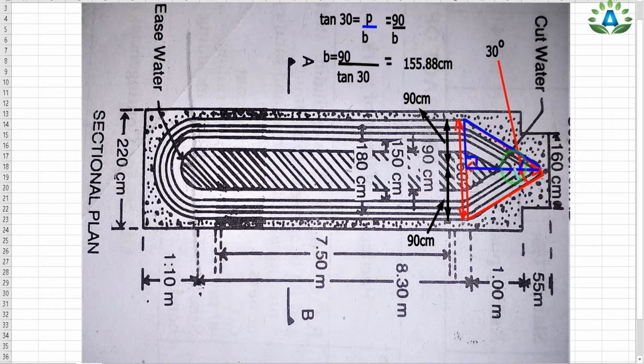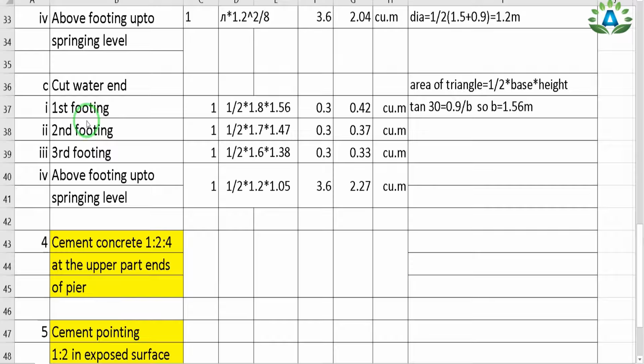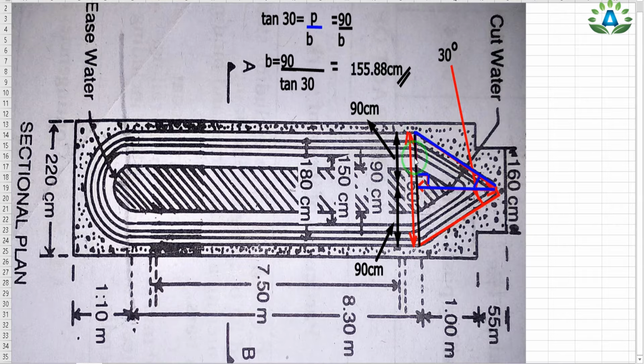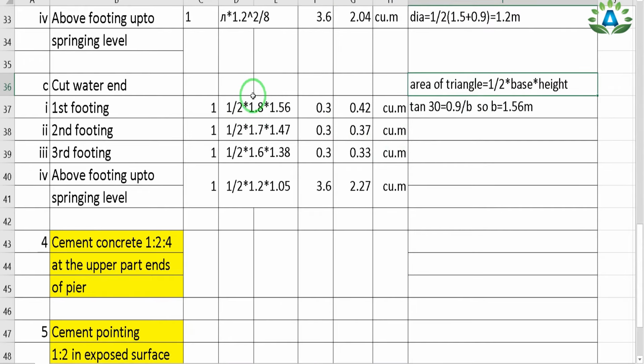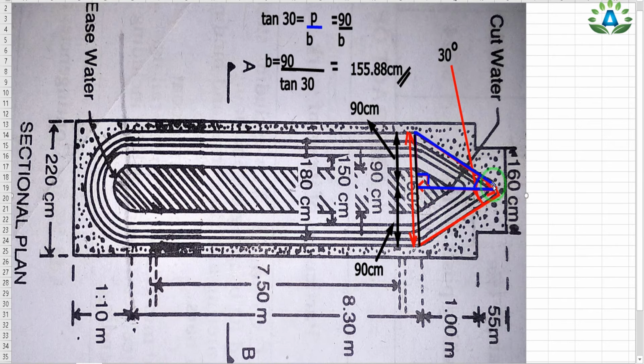That means this portion is 155.88. So we have this cut water end 1 in number, and we have the area of the triangle 1 by 2 into base into height, in which base is this portion, that is 180 centimeter or 1.8 meter, and the height of this triangle is from this side up to this side, that is 155.88 centimeter, or in terms of meter we can write 1.56 meter.